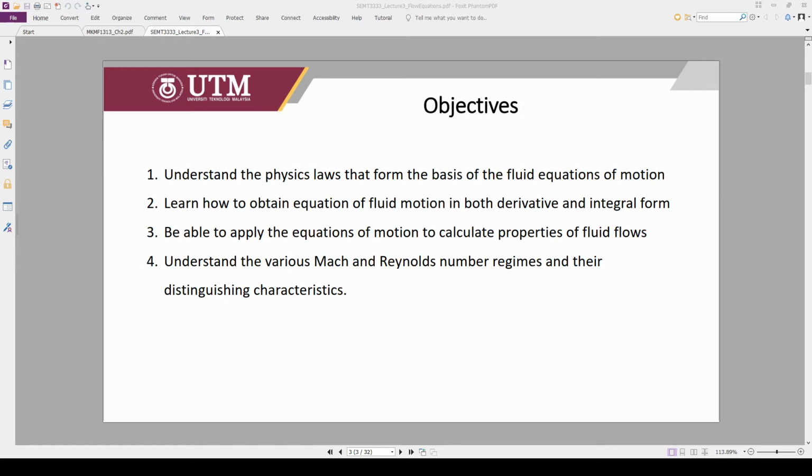When we have this ready, we are able to apply the equations of mass and motion to calculate properties of fluid flows, for example the velocity, pressure, and the force from the flows, and also understand the various Mach and Reynolds number ranges and their distinguishing characteristics.